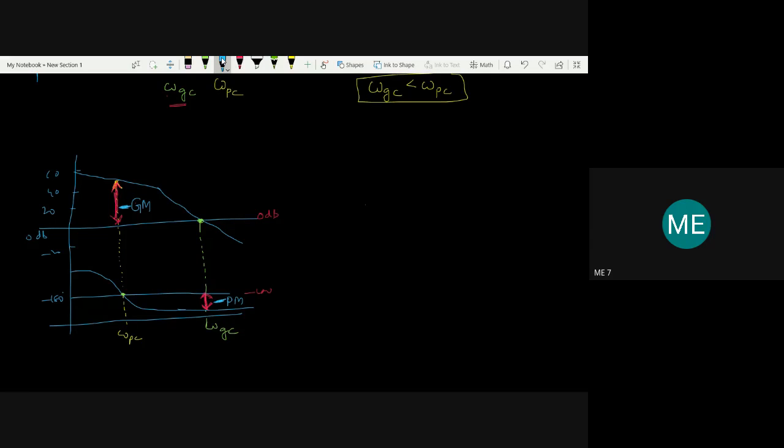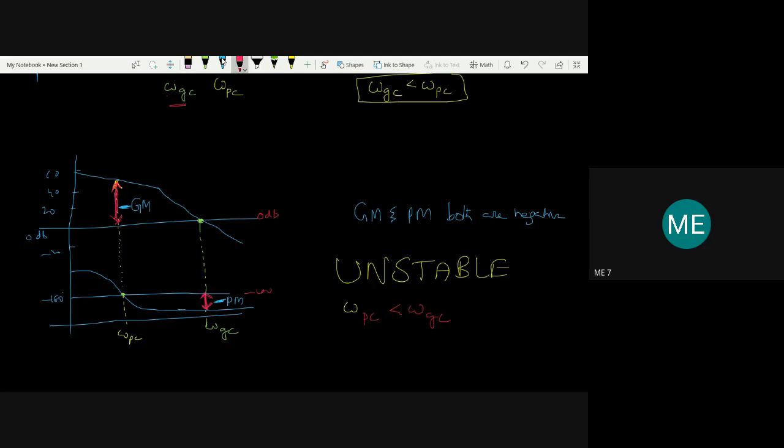If GM and PM both are negative, then we can say the system is unstable in nature. Here omega PC is less than omega GC. In the previous case, omega GC was less than omega PC.